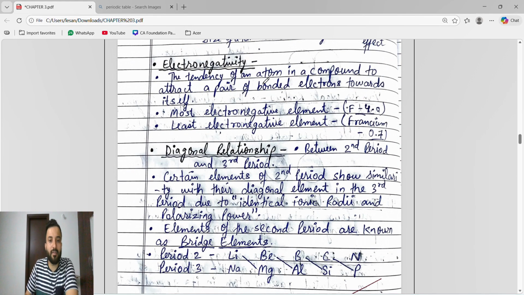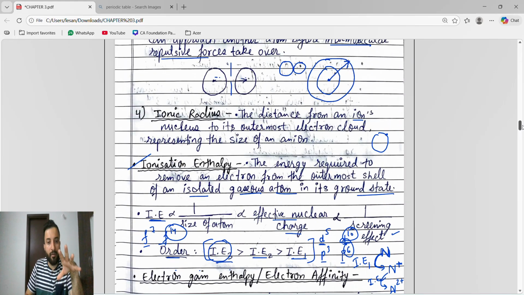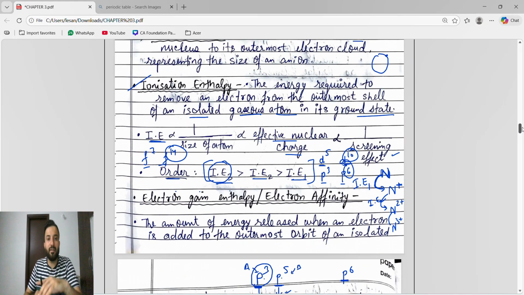Okay. Next is electronegativity. See, first is ionization enthalpy, where we require energy to remove the electron. In electron gain enthalpy, the amount of energy is released when an electron is added; we are adding the electron.